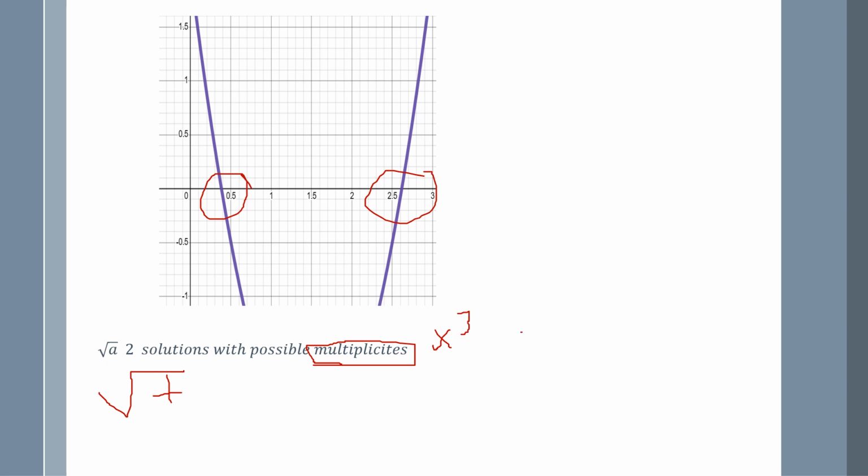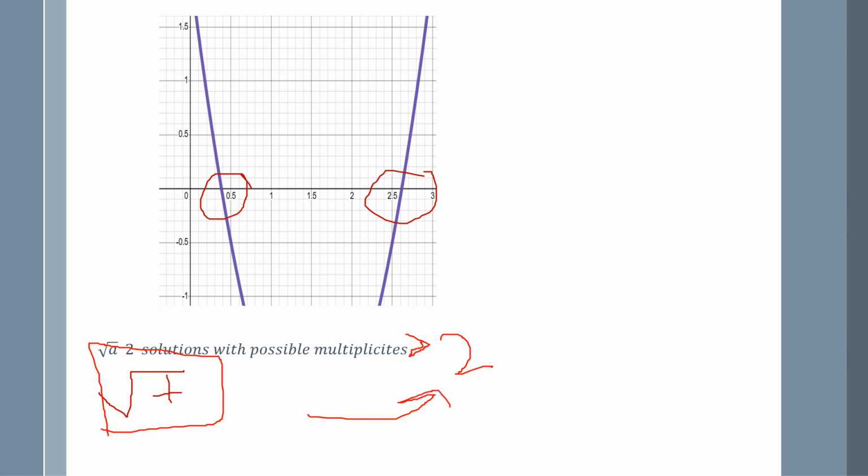So long story short, if your multiplicities are greater than 2, they may look like this, but in most cases it's just that the square root is positive, or your multiplicity is greater than 2.